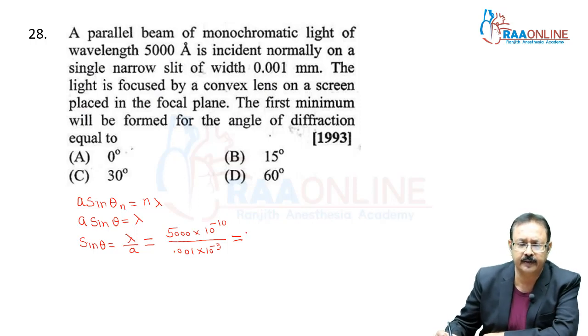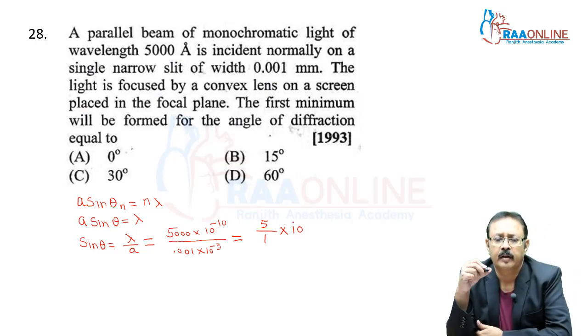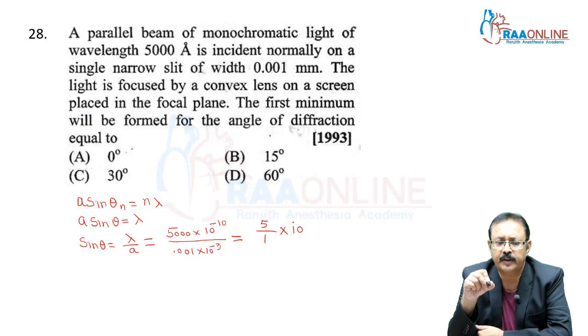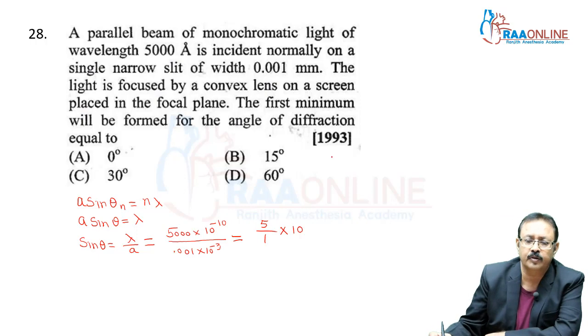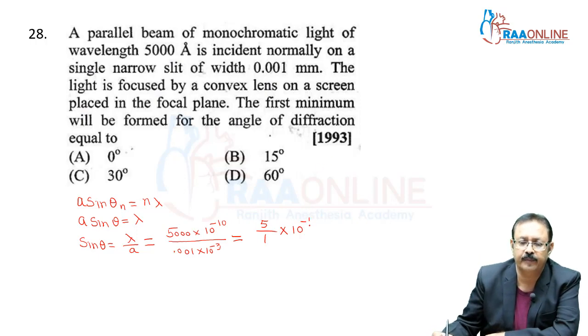Numbers are only 5 in the numerator, 1 in the denominator. Removing the decimal, the power of 10 becomes minus 1. So we are getting 5 by 10, which means 1 by 2, the value of sin 30 degree. So theta is equal to 30 degrees. So we will go with option C.